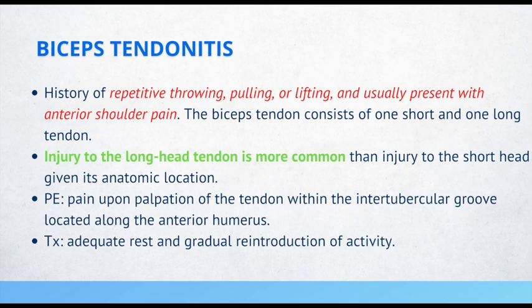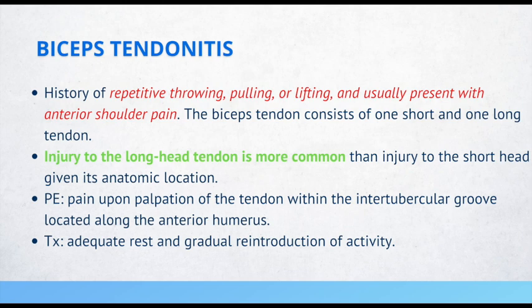Injury to the long head is more common than injury to the short head, given its anatomic location. Physical exam may reveal pain upon palpation of the tendon within the intertubercular groove, located along the anterior humerus. To treat, these patients require adequate rest and gradual reintroduction of activity.